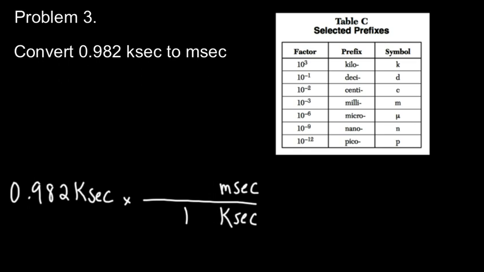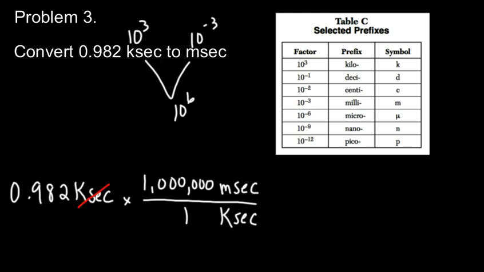To figure out what 1 kilosecond is equal to in milliseconds, we need the chart. Kilo is 10 to the 3rd, milli is 10 to the negative 3rd. The difference between those two factors is 10 to the 6th, which is 1 million.